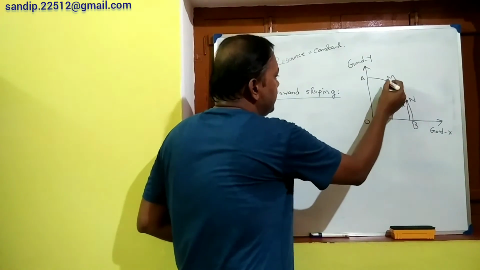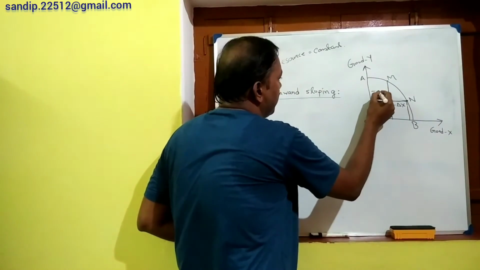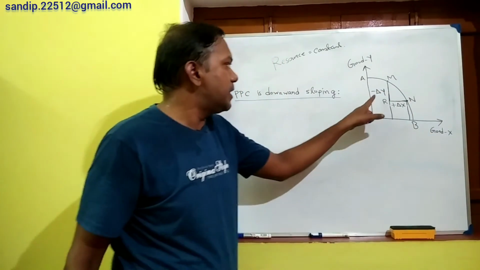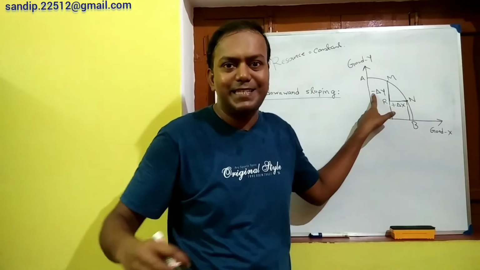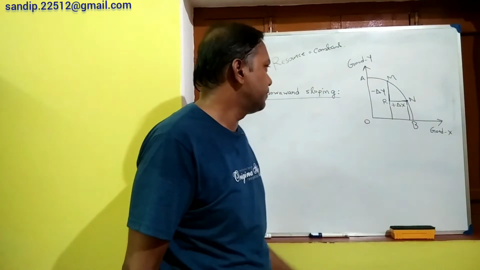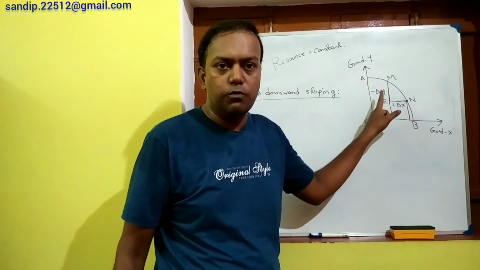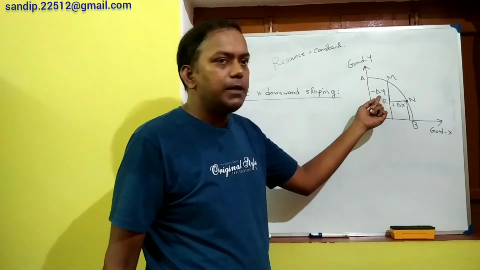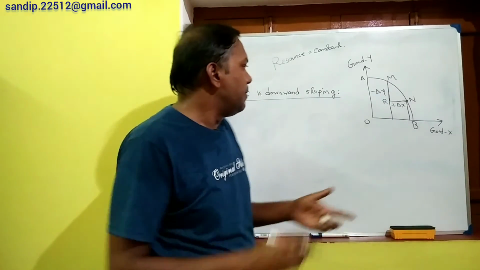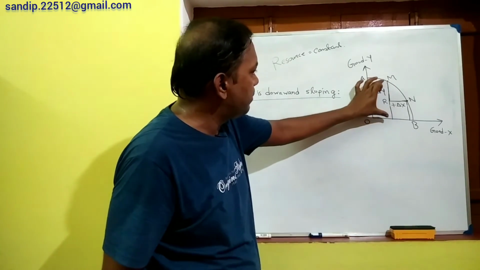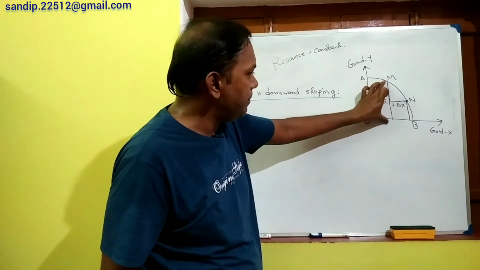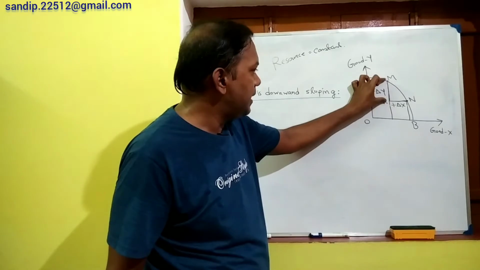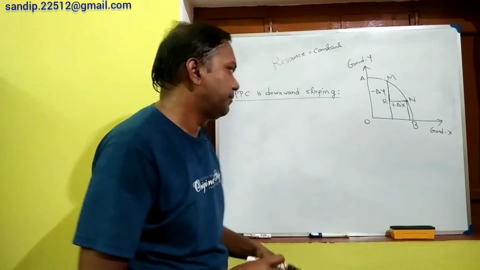Similarly here, this distance, Mr, I can write as minus delta y. Why minus delta y? Minus means the producer is sacrificing this much amount of good y. Delta here also means change: initially the producer is producing this much good y, now he is producing this much, so this much he has sacrificed.